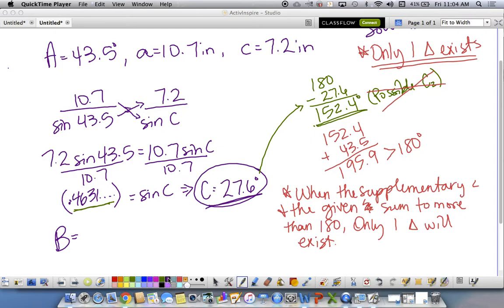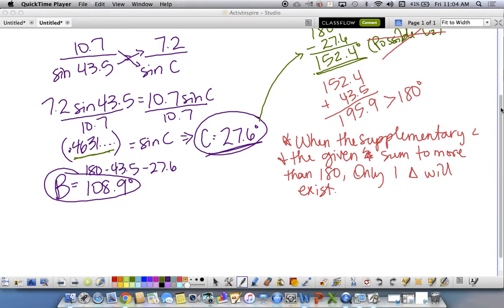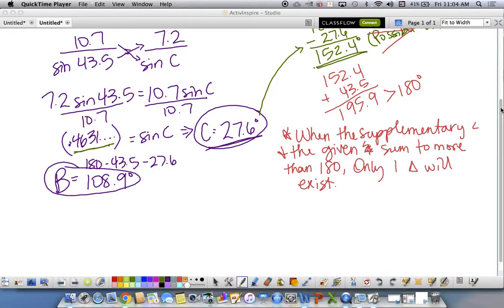I'm going to say 180 minus 43.5 minus 27.6, and when I subtract those, I get 108.9 degrees. That is B. So I've got the other two angles now. Can I find the third side? I'm going to scroll just a little bit more so I can keep it all on one page.